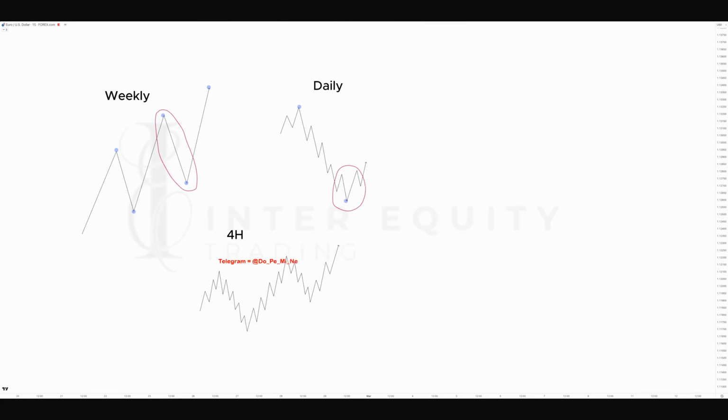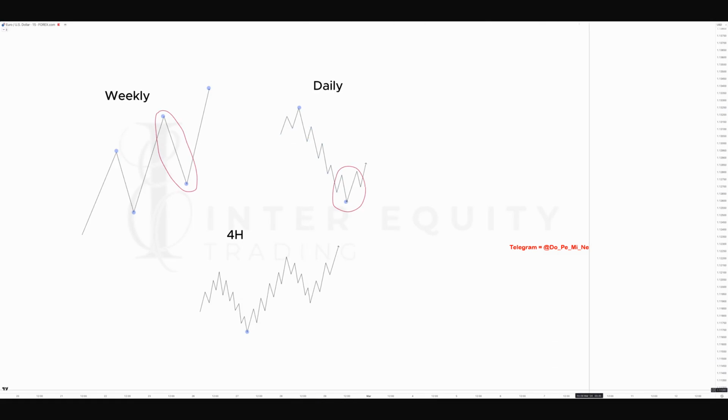So let's start marking out the weekly high, the weekly low on the 4-hour, which is right here. And to actually better show this, let me show the structure on the daily. Okay, so this is the lower low. Let me change the color actually.